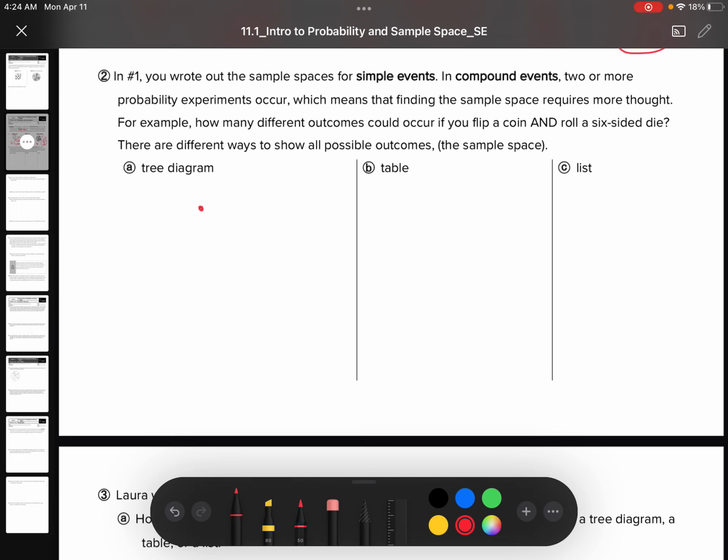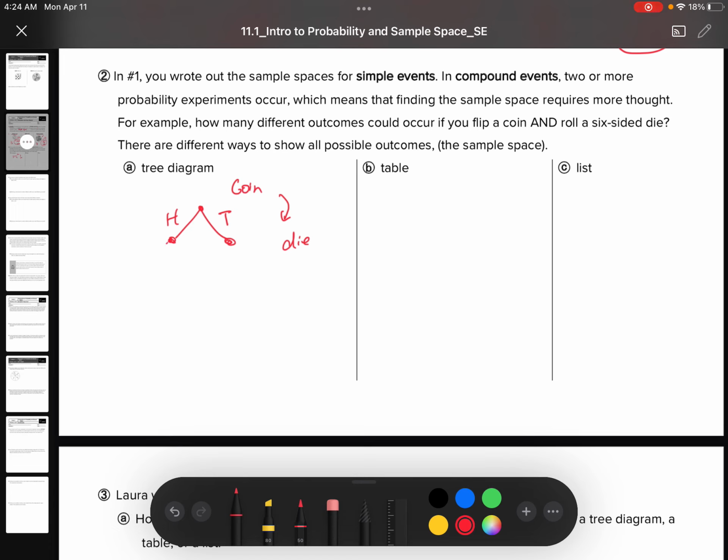Let's start off with the coin. When you flip a coin, you either get heads or tails. Boom. And after that, this next node, or this little dot, represents the next event. After the coin, it's going to be a die. When you roll a die, there are 6 possibilities.